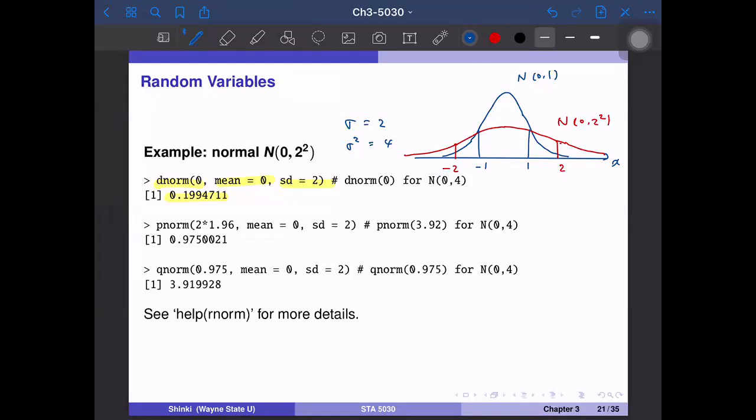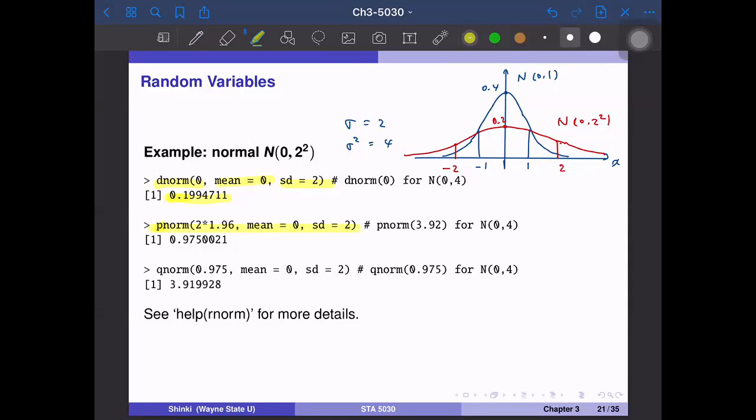Actually, the height should be half of the original distribution. And remember that for normal 0, 1, standard normal random variable, this is 0.3989, so about 0.4. So this point should be about 0.2, and actually we get 0.1994 here.